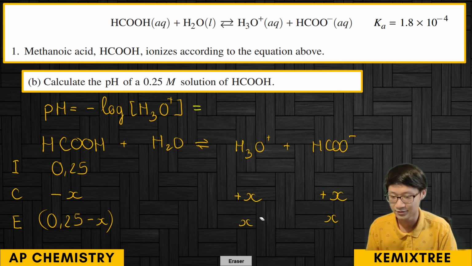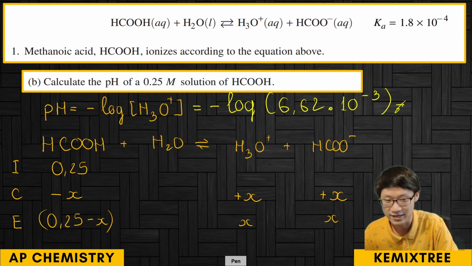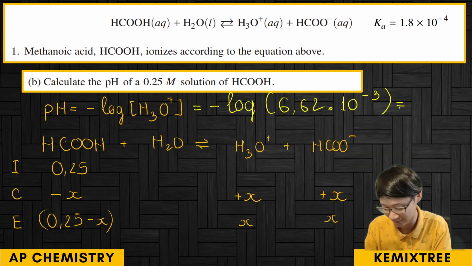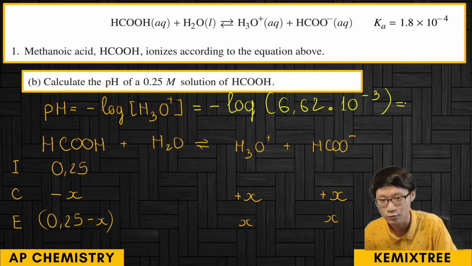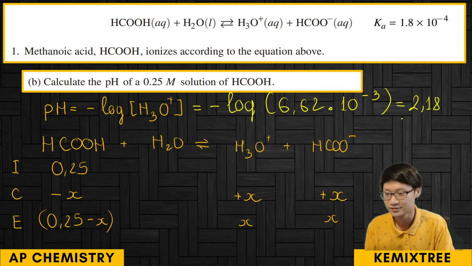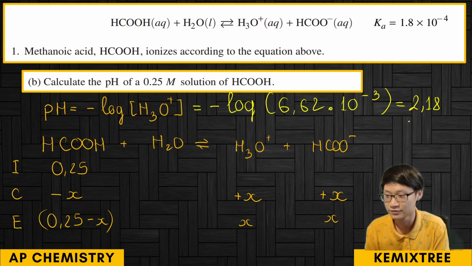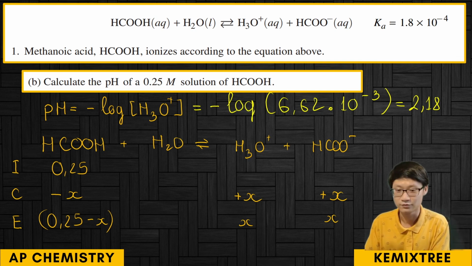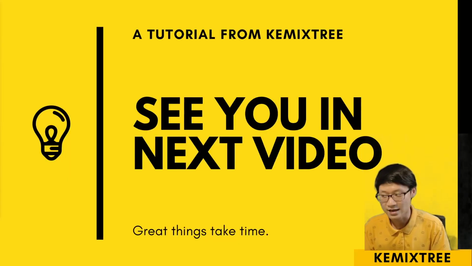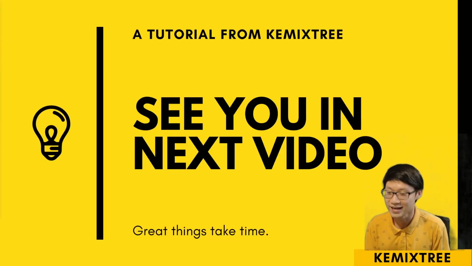Finally, we do some calculation, and we get the pH equal to 2.18. This is the final answer that we get from this problem. This is the tutorial from KeMixTree, and see you in the next video.